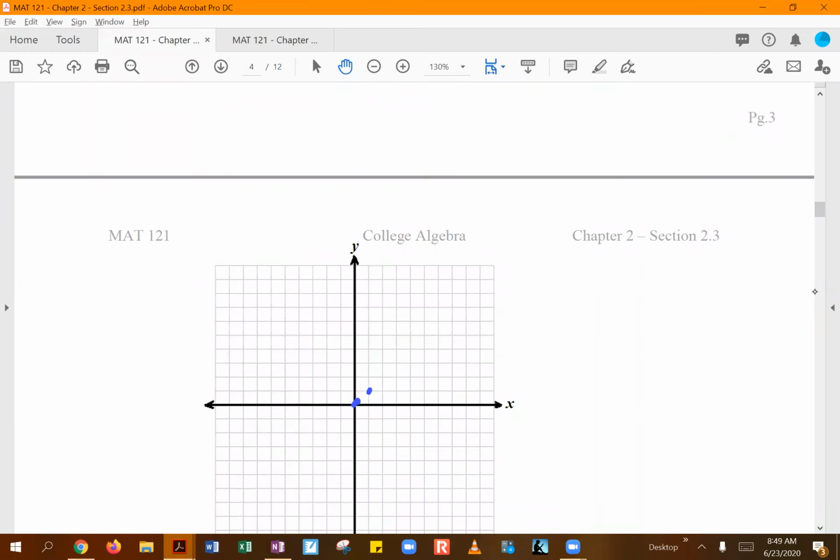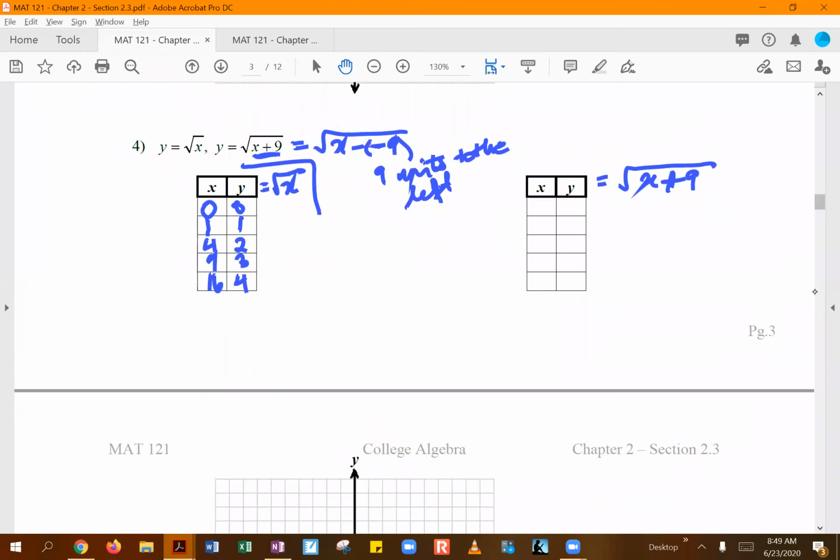And I'm just going to go ahead and graph our function here. So this is your y equals square root of x function. So what kind of x values do you think we should use for square root of x plus 9?